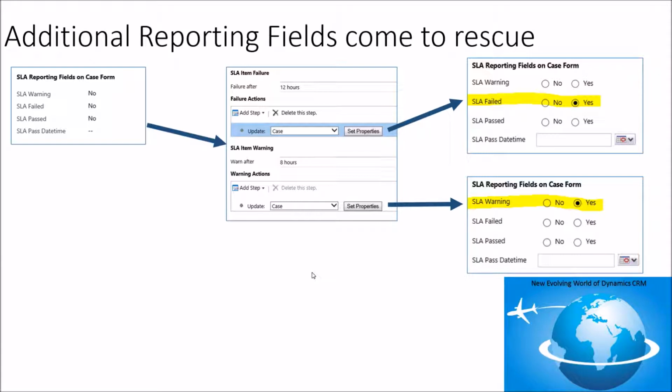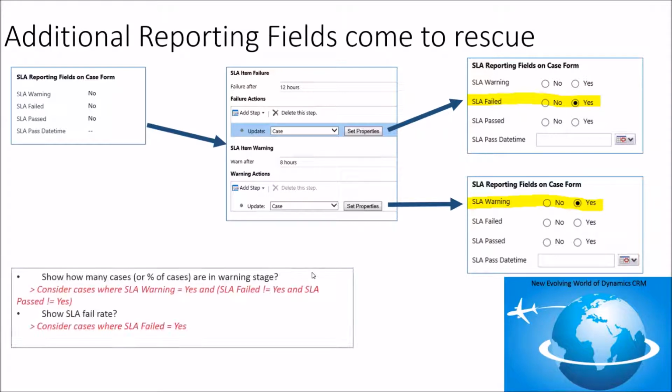If I have this kind of basic structure in place, I can very easily say how many cases are in my warning stage. All I have to do is see the cases where SLA warning is yes, but it is not yet failed, right? That means not yet failed, not yet passed. That means it is still in the warning stage. So that's a simple query, right?